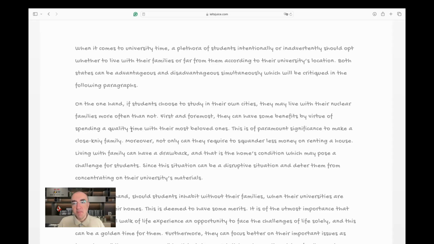With the most loved ones, this is of paramount significance. I mean, the vocabulary is interesting. The vocabulary is generic, like paramount can be used in any context. Intentionally, inadvertently, plethora, these words are beautiful, but they can be used in any context. They're not genre specific.